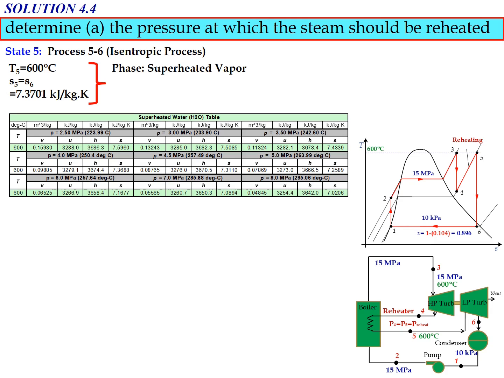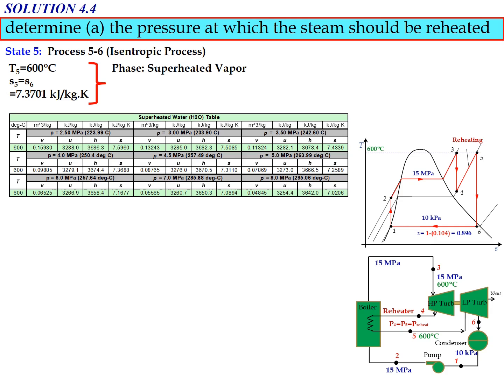Now, in order to determine the pressure, you need to manipulate the information that you obtain from the superheated water table. You need to extract the data in terms of entropy and also the pressure value for constant temperature at 600 degrees Celsius as shown in the table.